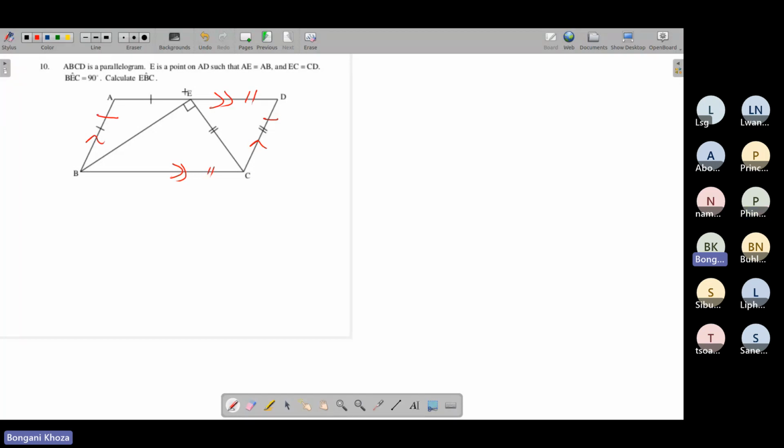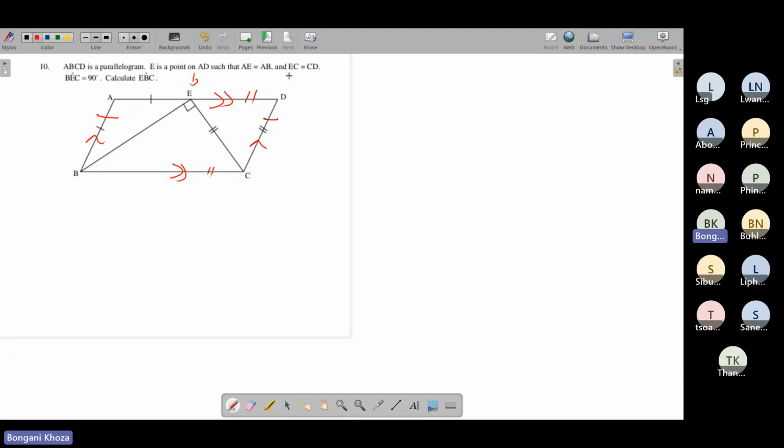We are told that E is a point on AD such that AE equals AB, which has been marked for us. And EC equals CD. We're also given that angle BEC equals 90. We're supposed to calculate the value of EBC, so we're trying to find this angle over here.